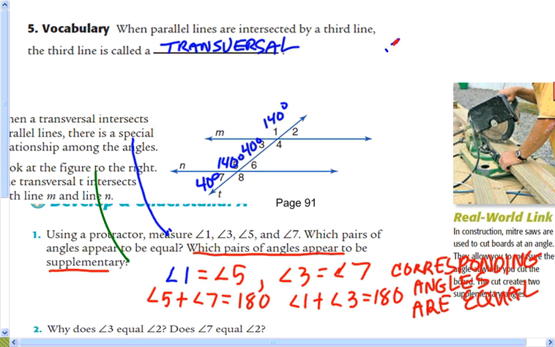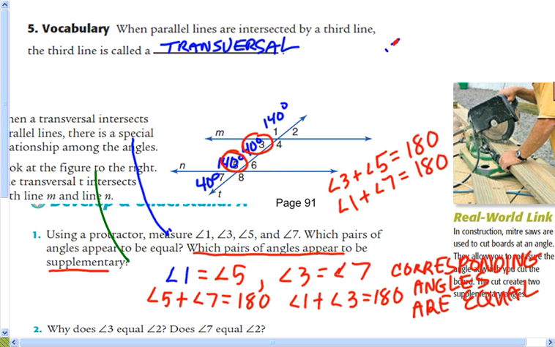Also, you can mix them up a little bit, and you might notice that angle 3 together with angle 5, those are supplementary angles. So angle 3 plus angle 5 equals 180. Another pair of supplementary angles. And angle 1 plus angle 7 equals 180. Another pair of supplementary angles.